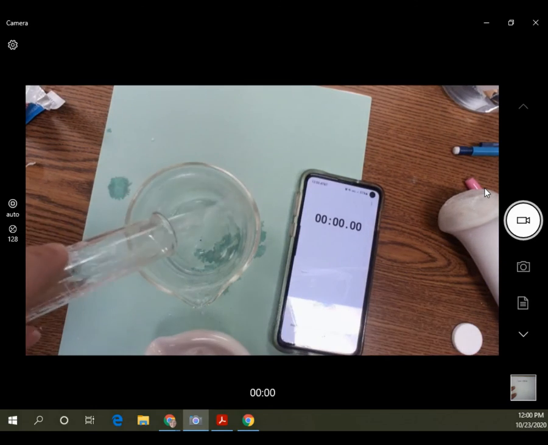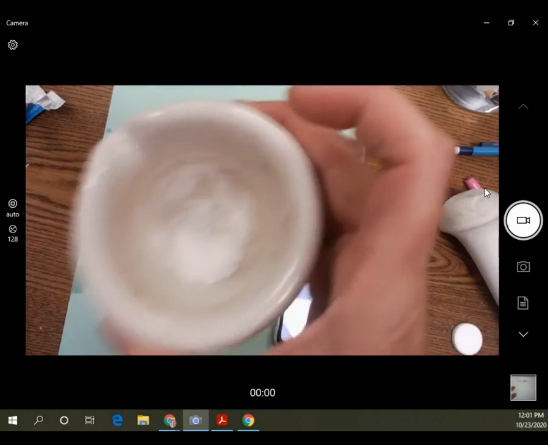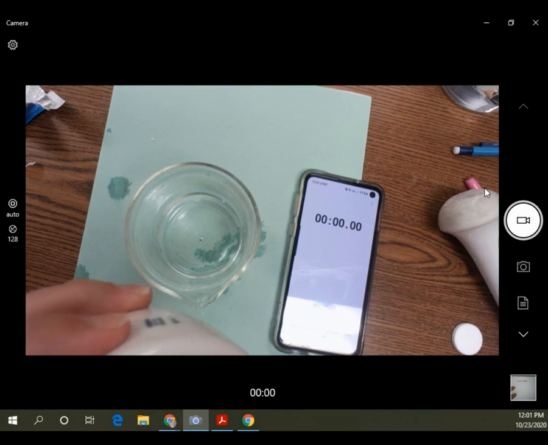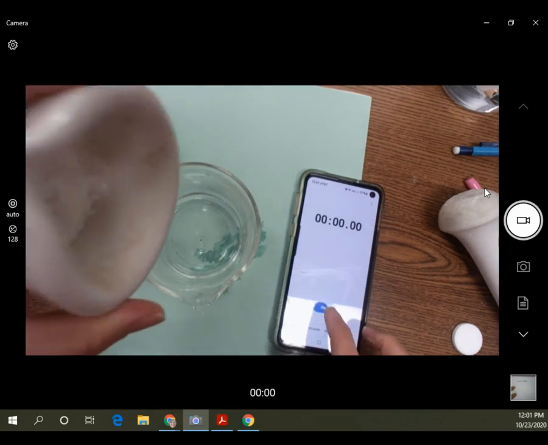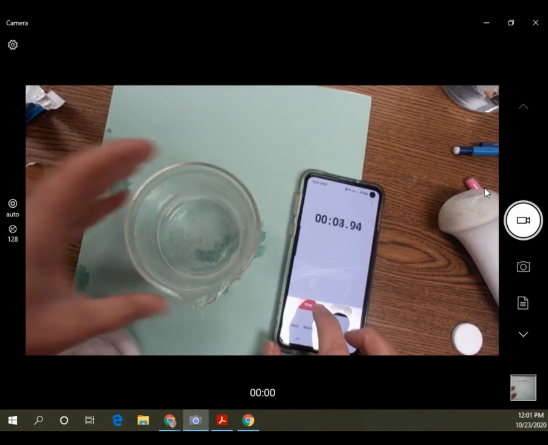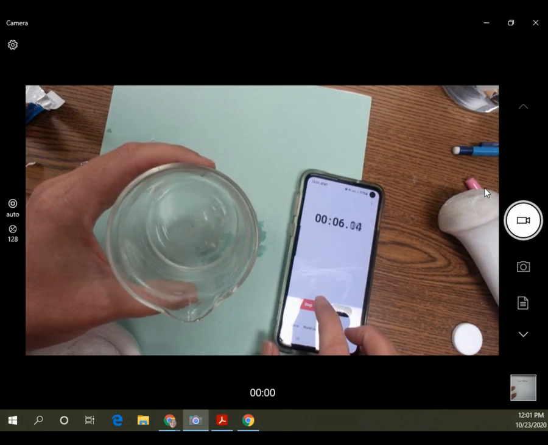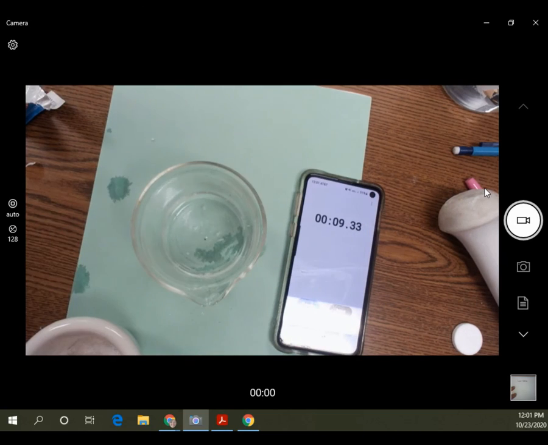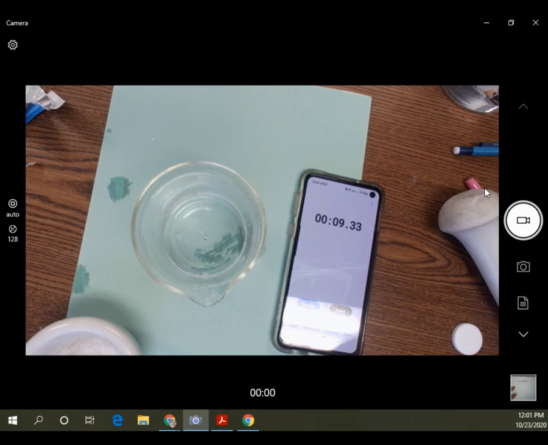All right, so 15 milliliters hot water, crushed antacid tablet, and then ready, set, go. Oh goodness, that was pretty fast. Don't see anything. All right, so 9.3 seconds. That was pretty fast.